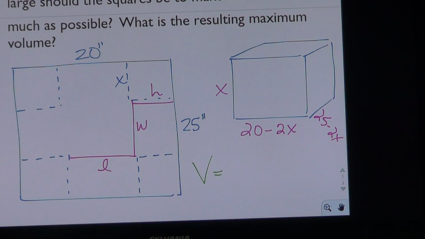Area of the base times height. It's going to be all three of these multiplied together: length times width times height. So it'll be x times 20 minus 2x times 25 minus 2x. So that is my function.